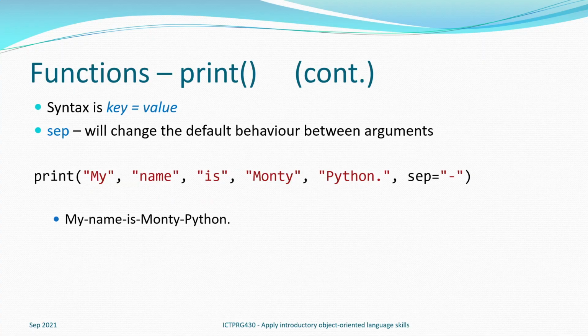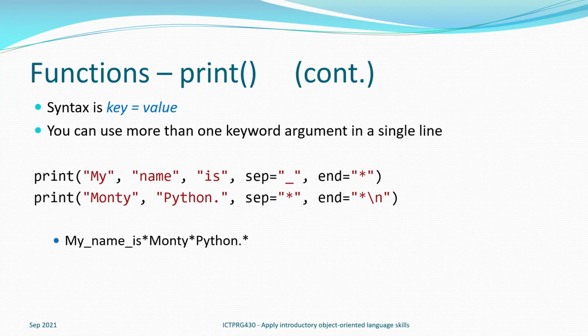The other thing we can change is how the arguments are separated on display using the sep equals keyword, and in this example we've put a dash in instead of the space. We can actually combine multiple keyword arguments at the end to affect our display.